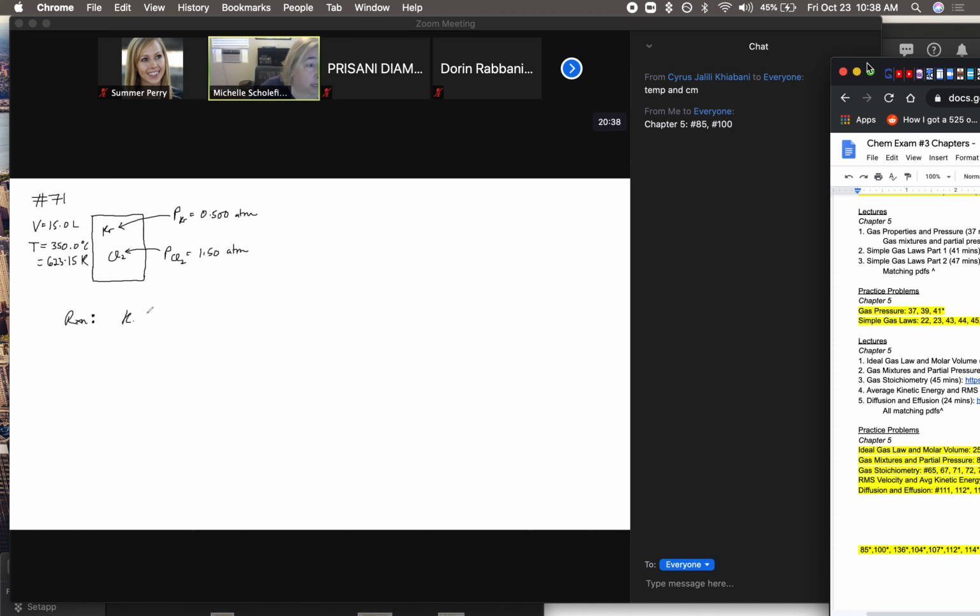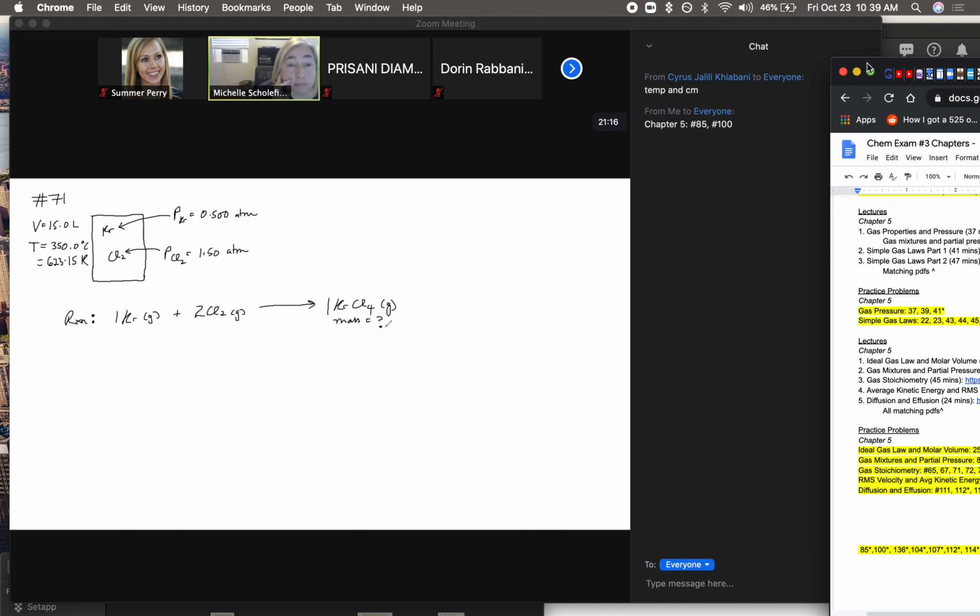Krypton gas plus chlorine gas are going to react and form krypton tetrachloride, KrCl4 gas, which means we just need to balance this with a 2 here, a 1 here, and a 1 here. And we are now asked what mass of krypton tetrachloride can be produced. So our goal is to get the mass of the gas. Okay, so what kind of problem is this ultimately?